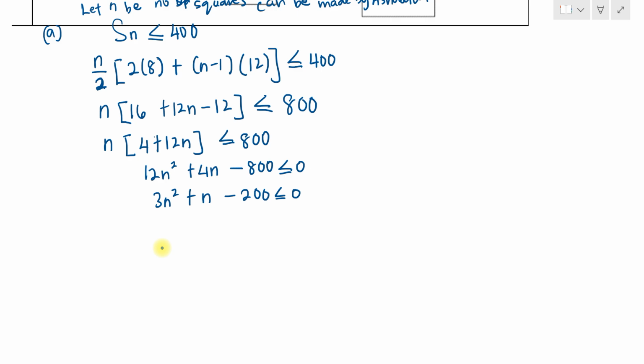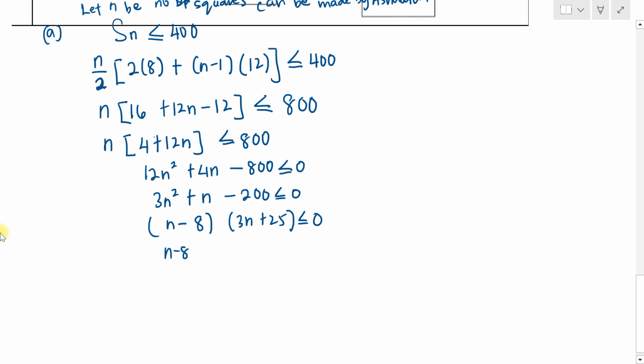Okay, A is 3, B is 1, C is negative 200. So we can perfectly get 8 as the answer. So n minus 8 and 3n plus 25 less than or equal to 0.